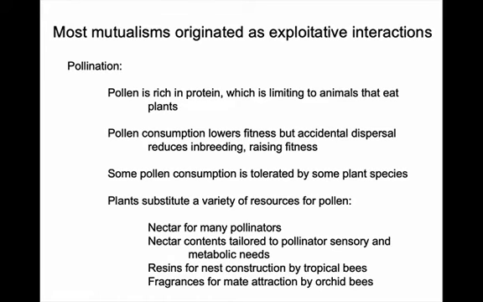So here's the rationale in pollination, and there's actually a diversity of resources that have been substituted for pollen. Pollen is basically limiting to animals, and that's why animals would have sought out plants and their flowers to begin with, to eat a protein-rich food. But the dispersal of pollen reduces inbreeding, increases outcrossing, and it raises the fitness of plants.